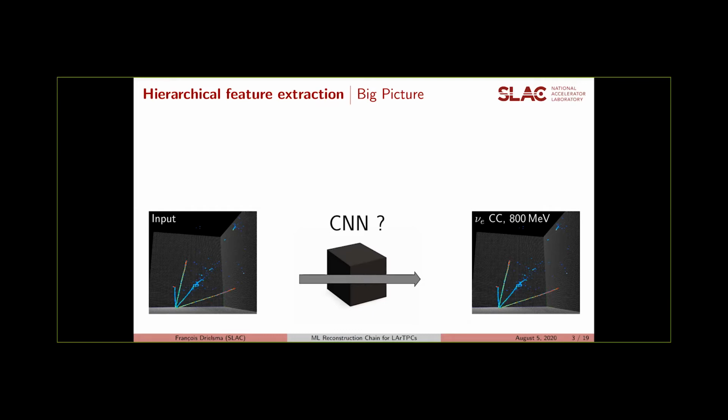The potential issue with this method is that, of course, very rarely does your neutrino image manifest itself by itself in the detector. It's typically overlaid with a bunch of cosmic rays, or it's also piled up with other neutrino interactions. And so you need to be able to at least identify which energy depositions are associated with the neutrino interaction and try to cluster those together before you can even think about putting the image through a convolutional neural network.